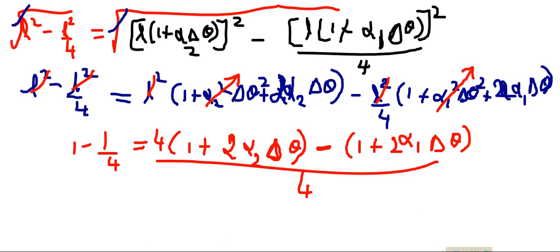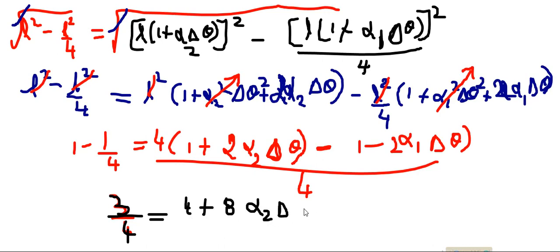The multiple goes inside, so 3 by 4 is equal to 4 plus 8 alpha 2 delta theta minus 1 minus 2 alpha 1 delta theta.